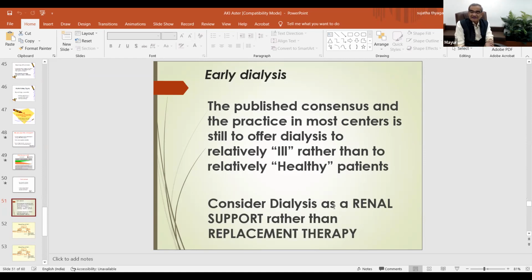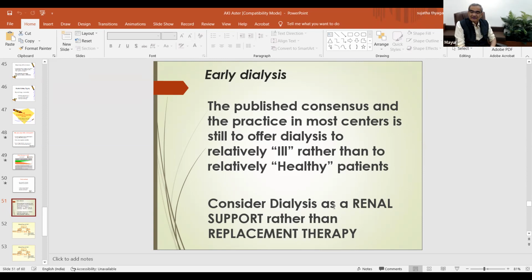Now, the published consensus and the practice in most centers is still to offer dialysis to relatively ill patients rather than to relatively healthy patients. But I would like you to look at it in a different way, and not consider dialysis as a mere effort to be made only at the end.